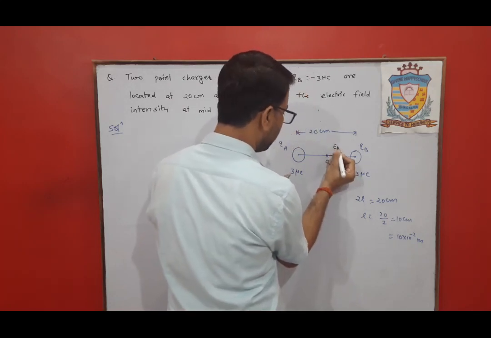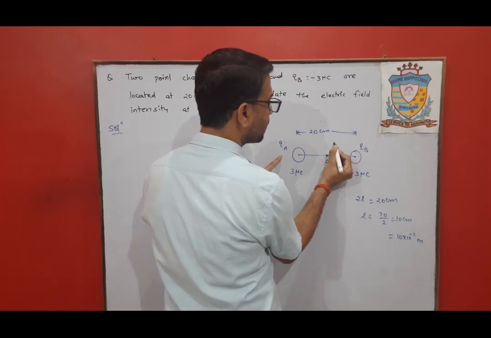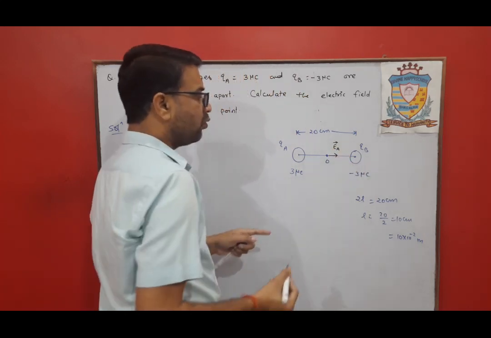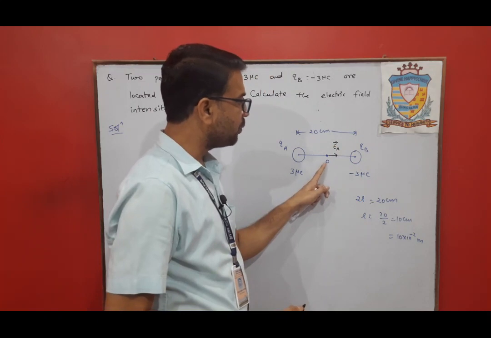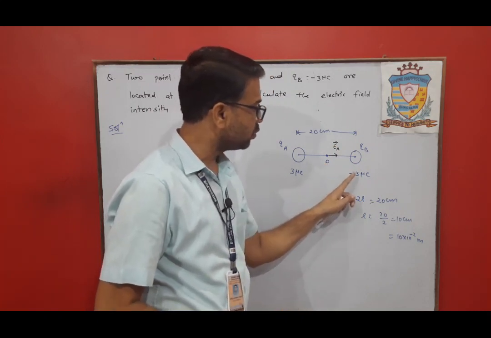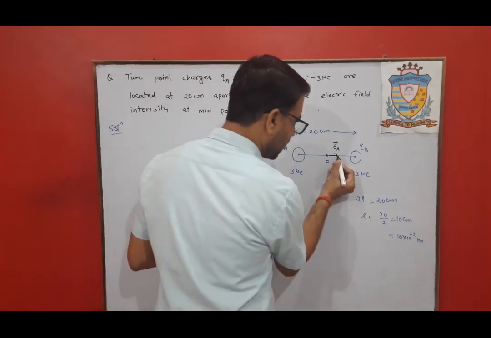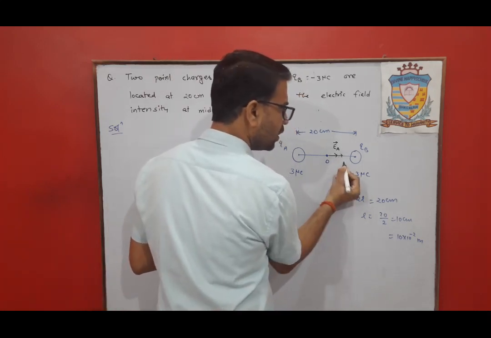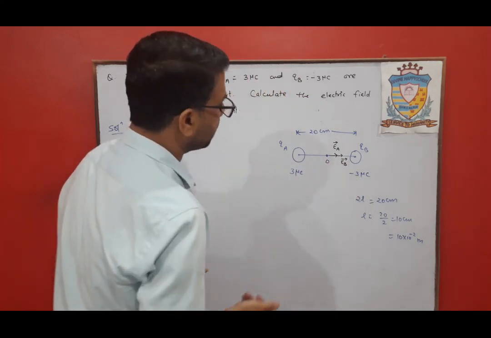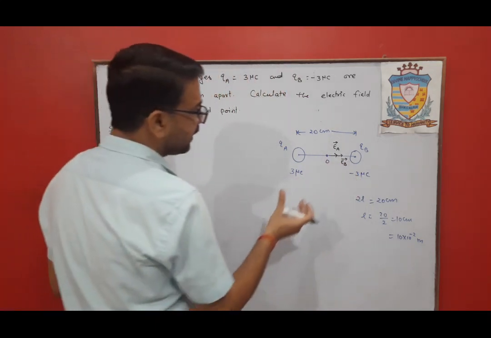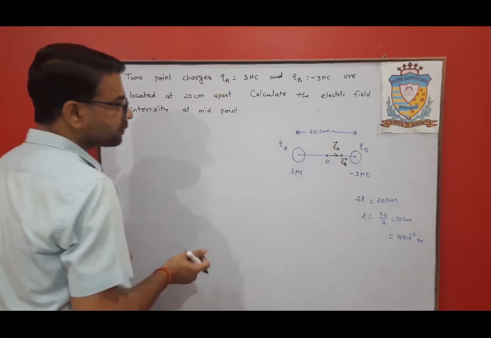So, this is the electric field intensity due to A. Okay. And what about this one? If we put a unit positive charge over here, it will be attracted by this minus 3 microcoulomb charge. That means the electric field intensity due to B will be in the same direction as EA. Okay. So the net electric field intensity will add up.